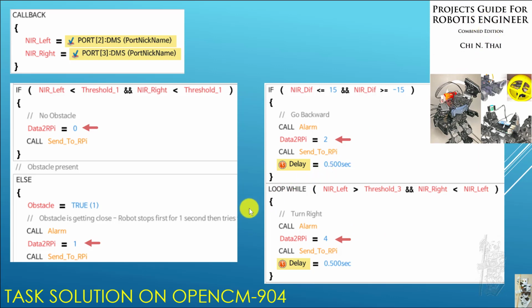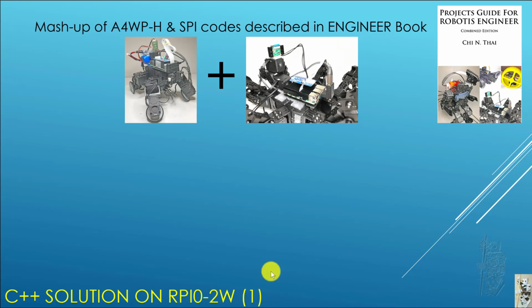For the RPi0-2W solution for the robot itself, it's a mashup of the code that I already wrote for the A4W-H and the code I wrote for the spider. It's the same thing already discussed and documented in this book. It's just a mashup of those two solutions, modifying a little bit, commenting several things in and out.